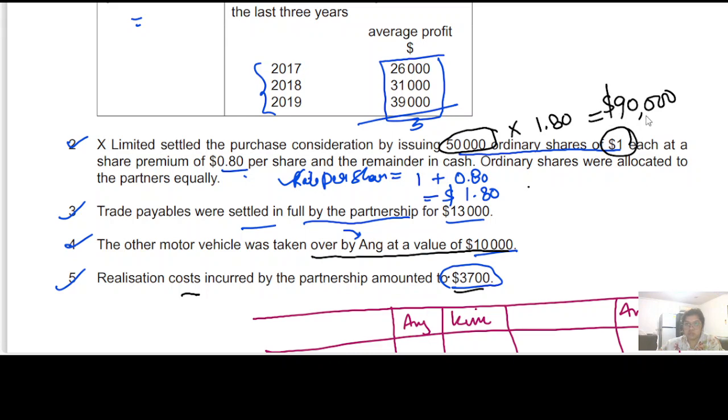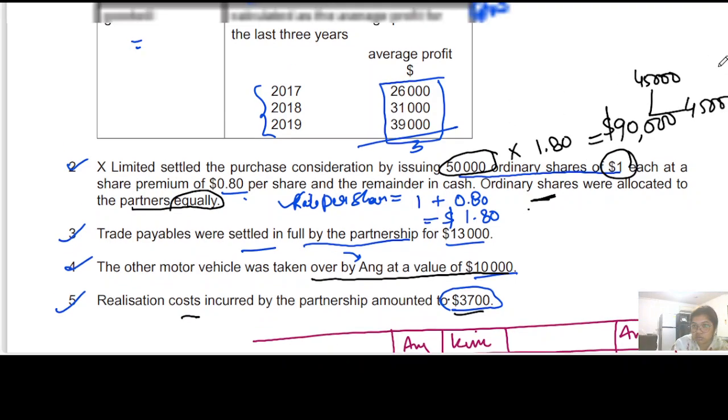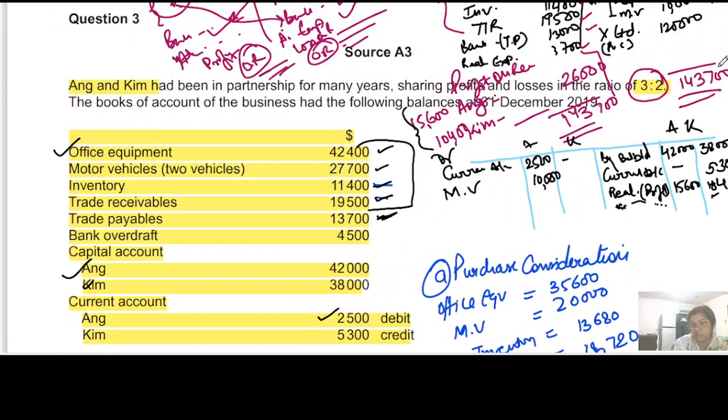So the total amount from the ordinary shares is 90,000, allocated to the partners equally, so 45,000 and 45,000. Okay, so here we have to record this value in the partners' capital account.